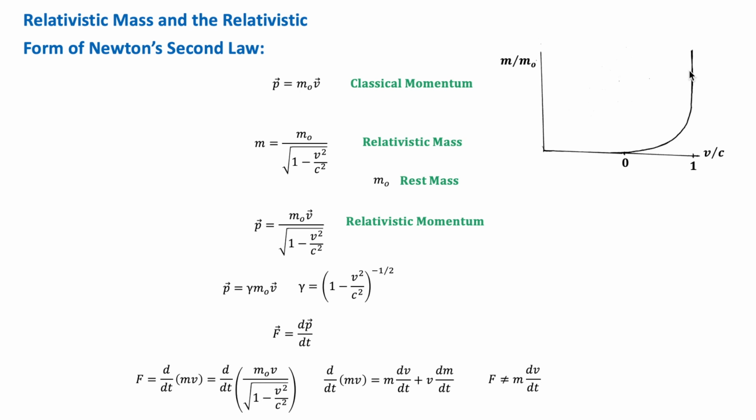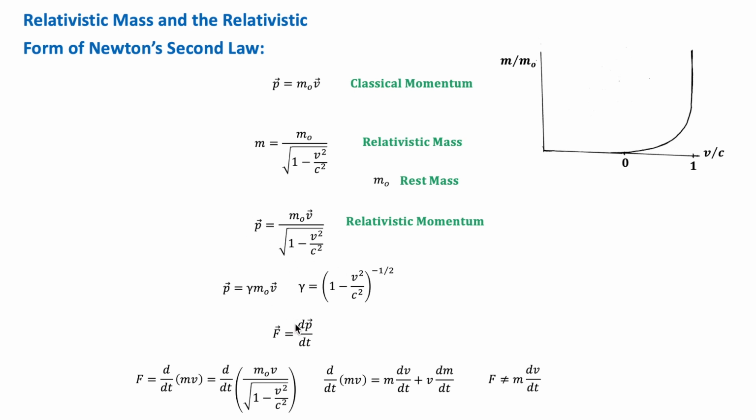And so the correct definition of momentum, valid for all speeds from 0 to c, is given by this expression. And so if v is much less than c, then the denominator approaches unity and p will be equal to m naught v, which is the classical expression for momentum, right? And we may write this as gamma m naught v.